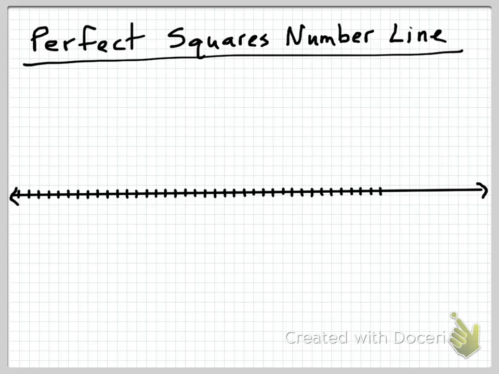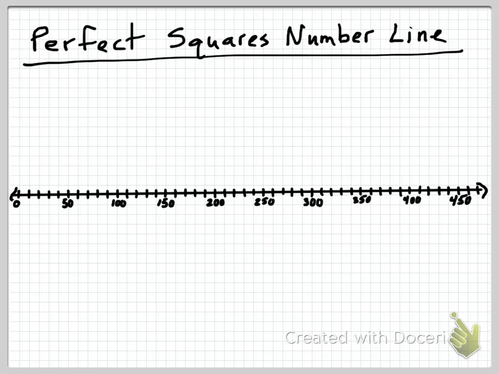Now, my number line, I'm going to count by tens. So you can see every fifth one is 50, because I've got to count pretty high to get all my perfect squares on there. So this number line is counting all the way up past 400.